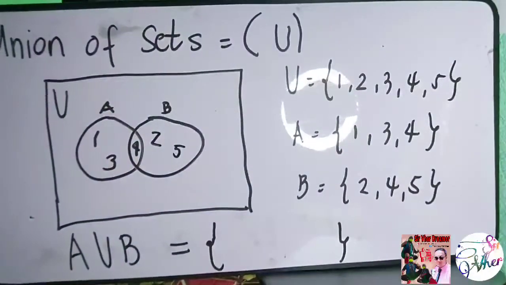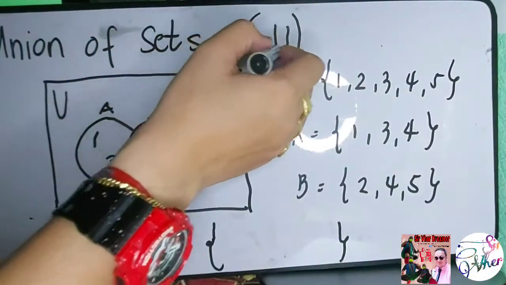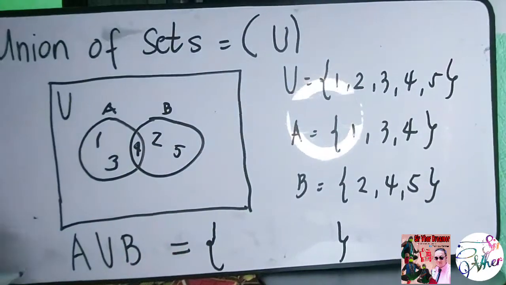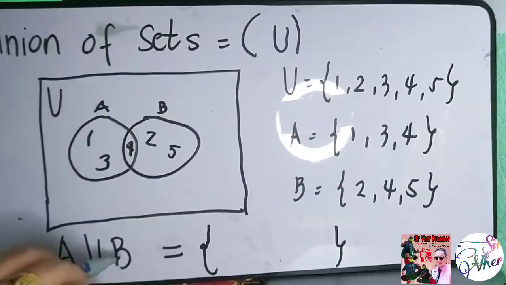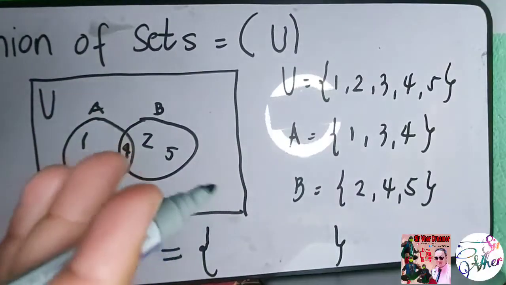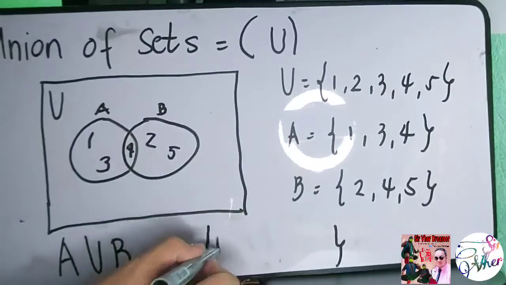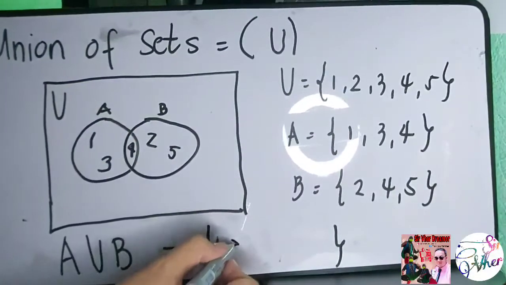As we define again, union of sets is denoted by the curved arrow up symbol. So we read this as A union B. What are the elements? As we can see, we are going to combine all the elements. Let's write A first: 1, 3.